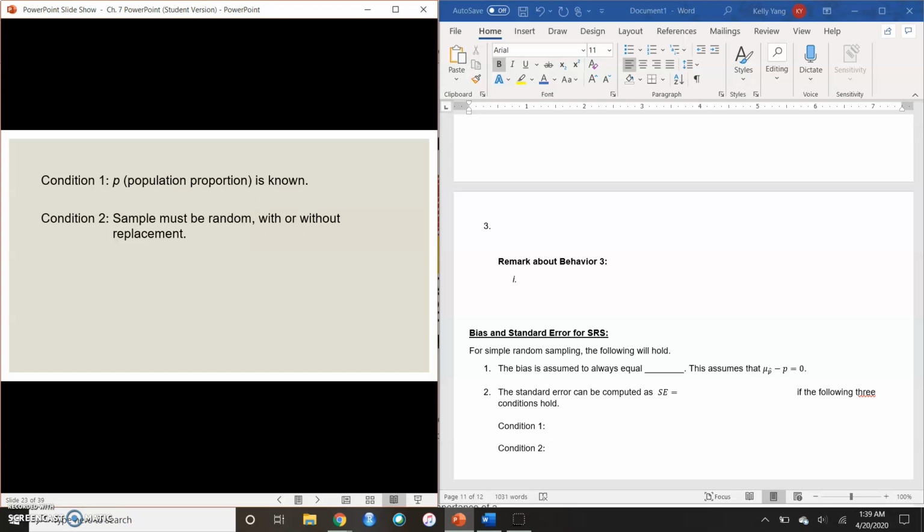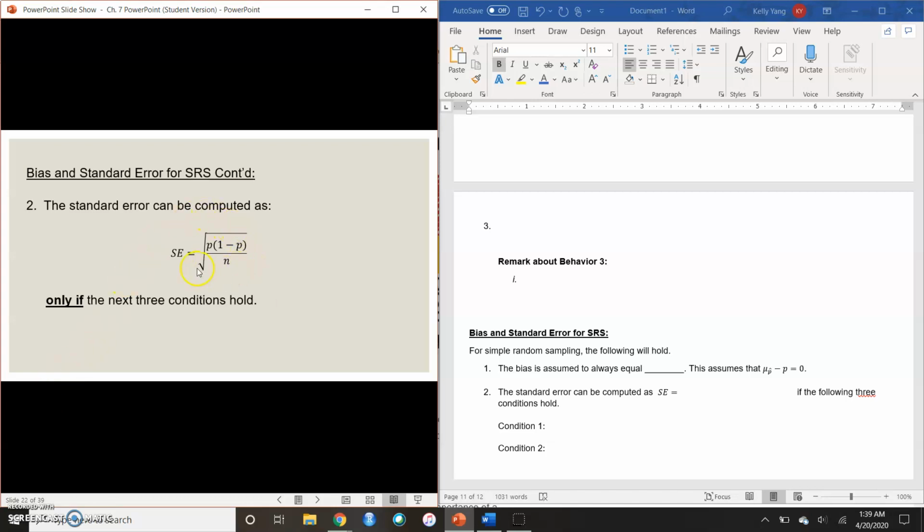But again, since we're assuming that the rest of our samples are simple random sampling, then we don't really need to worry about this. The final condition, if sampling is done without replacement, then the population needs to be at least 10 times bigger than the sample size. So these three conditions must be true in order to calculate the standard error using this formula.